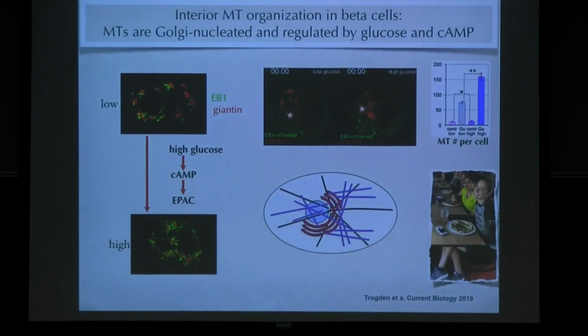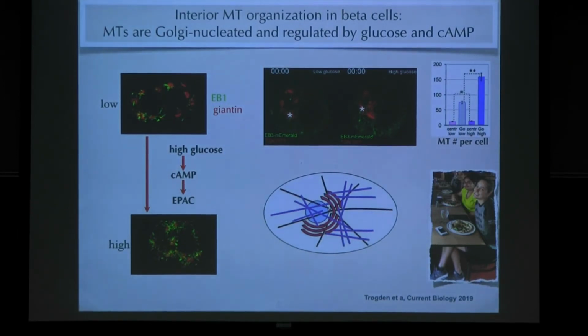Just two words about how the internal microtubules are formed, which has nothing to do with the modeling, but I just wanted you to know that we did not disregard this interlocked pattern inside and analyzed it. These microtubules are actually Golgi-derived microtubules. They are nucleated at the Golgi in this cell type. In this cell type, the majority of microtubules are formed at the Golgi, which is pretty striking for such a specialized cell.